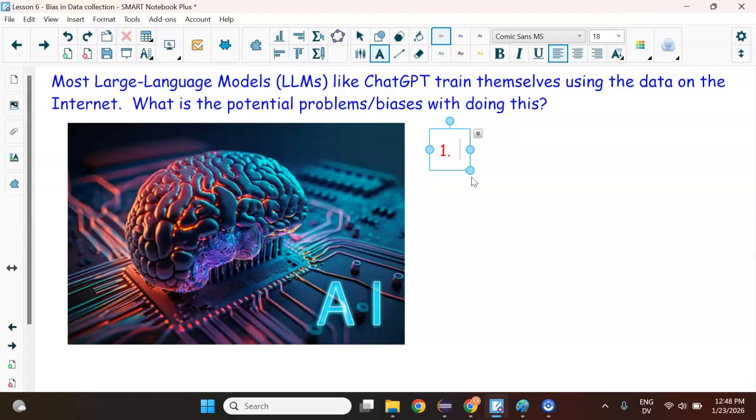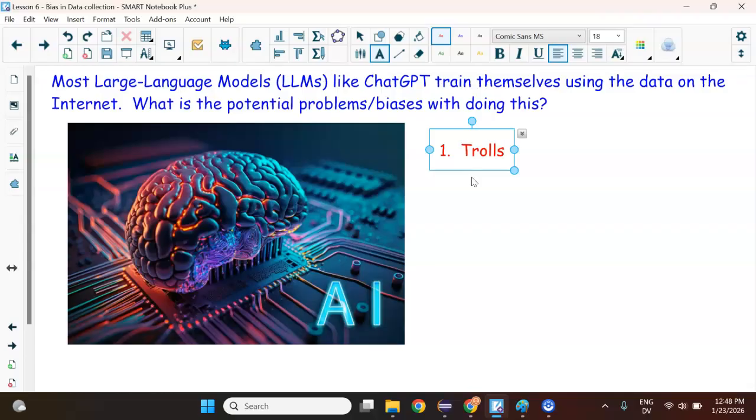So the first one is the internet is full of, I'm just going to put trolls, right? So people that are racist or anti-Semitic or sexist, or just people posting all sorts of mean, unfair stuff on the internet, and their voices often get amplified. They've done studies, and the more negative a story is, the more clicks and attention it gets.